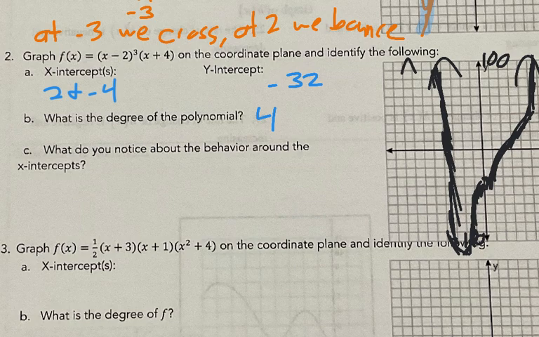It's sus? Why? Because if you count 1, 2, 3, it only changes 3 times, but it's degree. What only changes 3 times? The slope. Well, let's see. It's concave up, right?